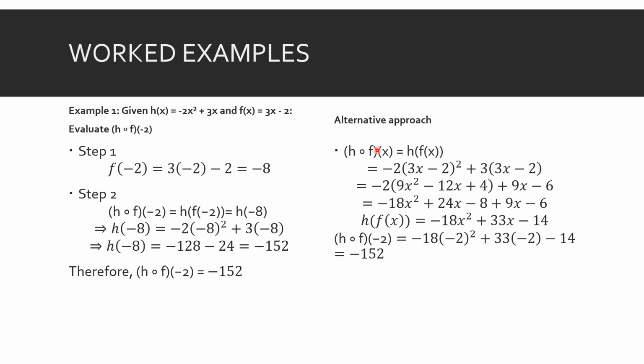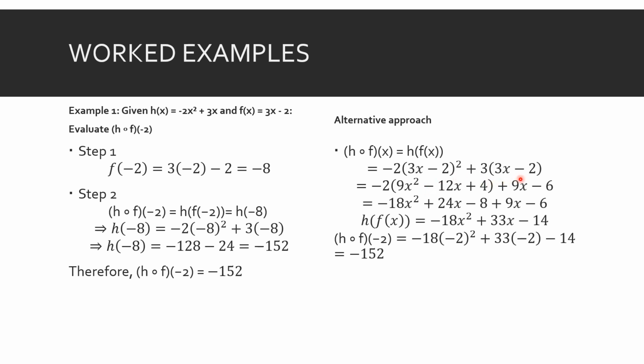Then let's go to the alternative approach of this particular example. We can also find the functional relation for h composite f of x. So here we know that f of x is the input for h. So anywhere we see x in h, we are going to substitute the functional expression 3x minus 2, which represents the f of x, into the h.